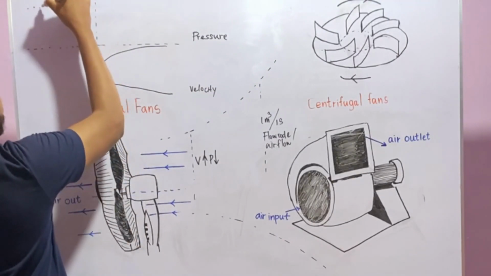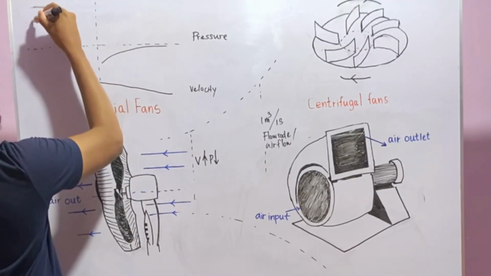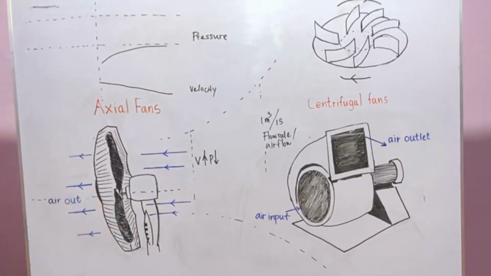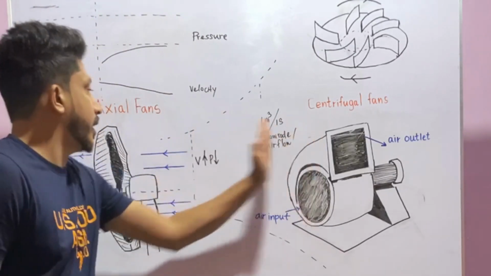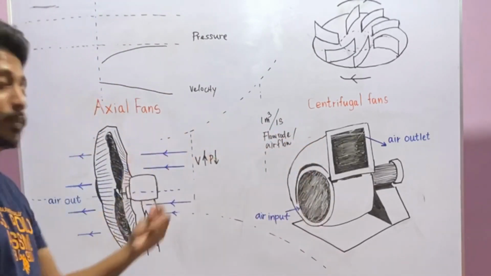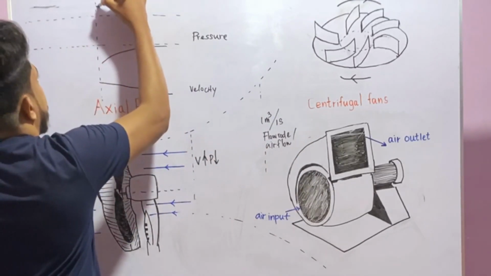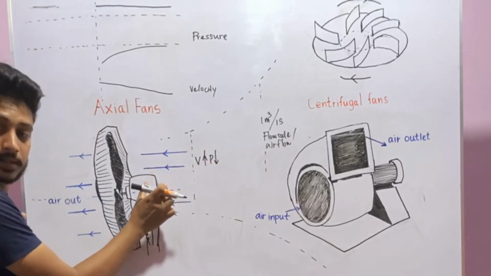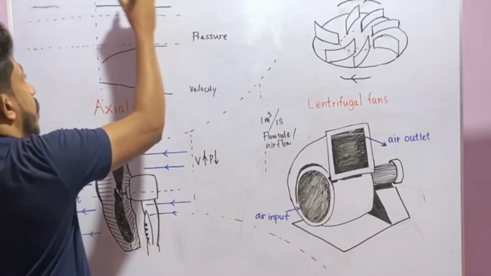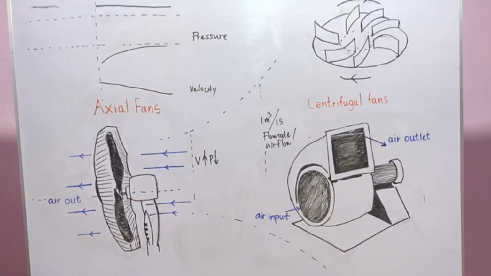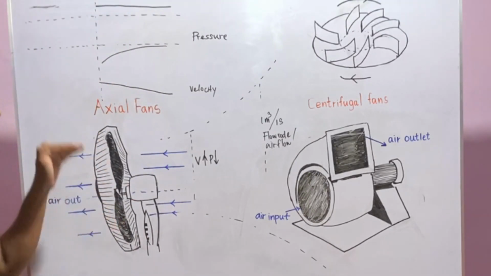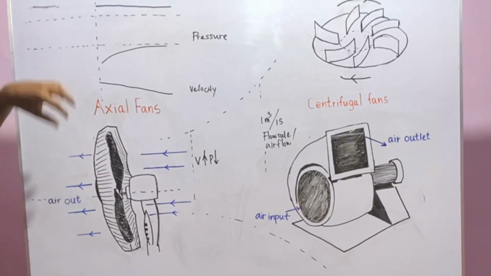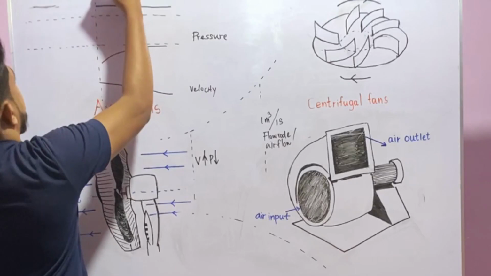At the beginning, from here to here, the same energy should be there. Here energy should be equal to here energy. So constant energy from here to here. But because of this work by the fan, the energy of the air is now increased, like this.